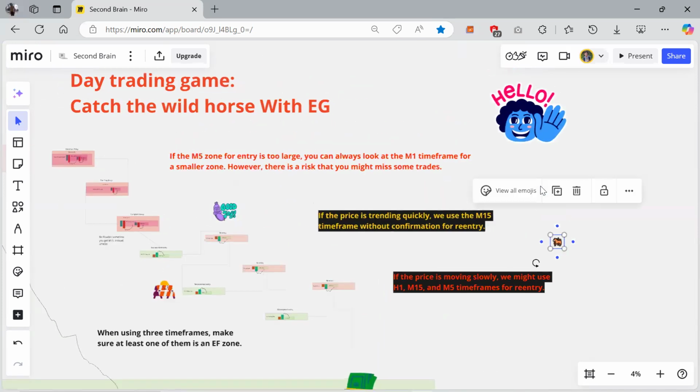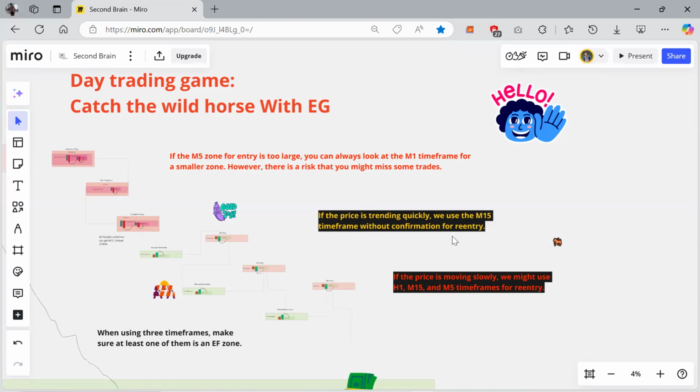Okay. If the M5 zones for entry are too large, you can always look at M1 time frame for a smaller zone. But it could be that we sometimes will miss a trade, or the stop loss will get hit because the zones are too small. If the price is trending quickly, we use M15 timeframes for re-entries.